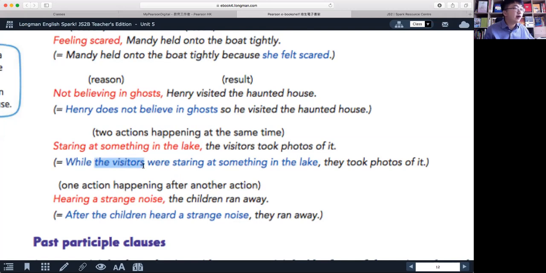The visitors here, this is the subject. We don't need it. And this is verb plus ing, right? So we keep it. Do we have not here? No. Look at here. This is the answer: staring at something in the lake, comma, the visitors took photos of it.